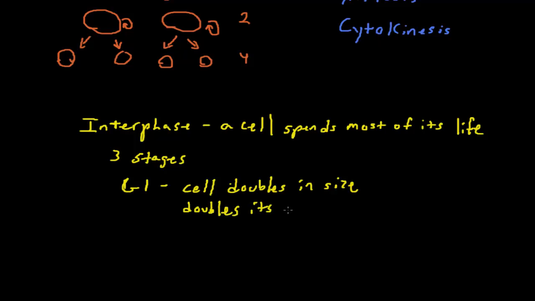So if it had 1 mitochondria, now it's got 2. If it had 1 endoplasmic reticulum, now it's got 2. About the only thing that doesn't double at this point is the nucleus. So its organelles, the Golgi apparatus, the endoplasmic reticulum, the ribosomes, the lysosomes, are all doubling. It's making a copy of each one. So it's getting to be a big fat cell.